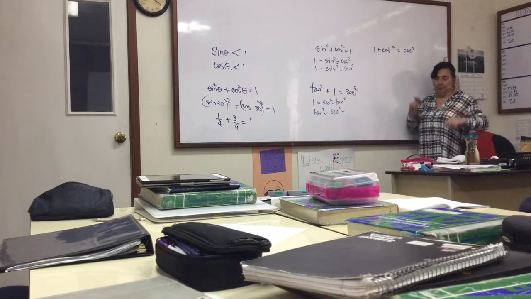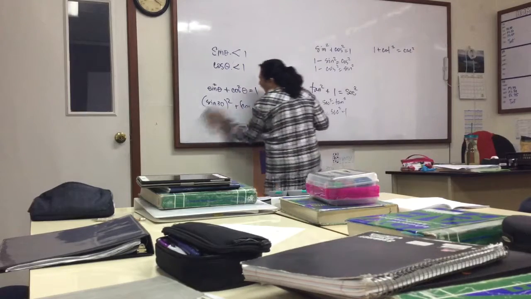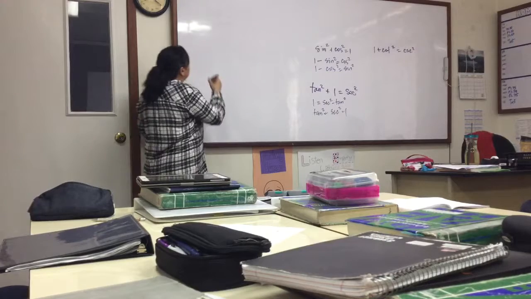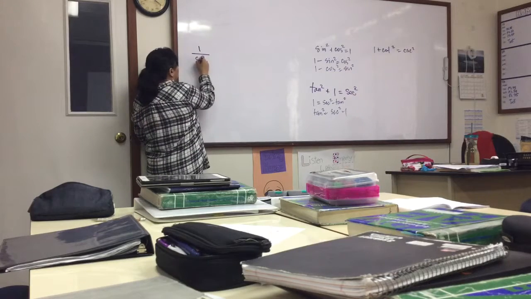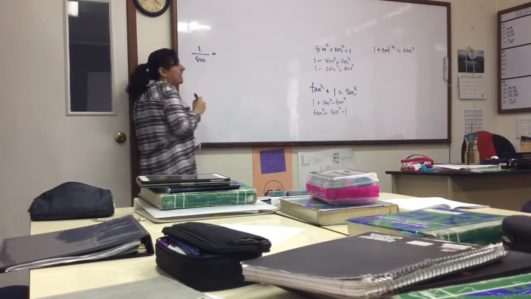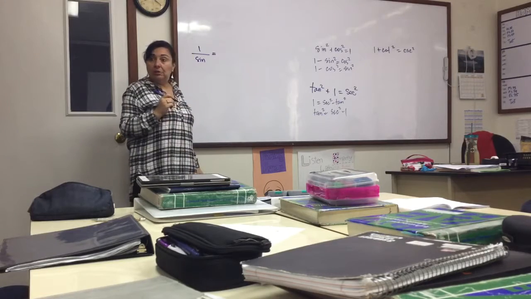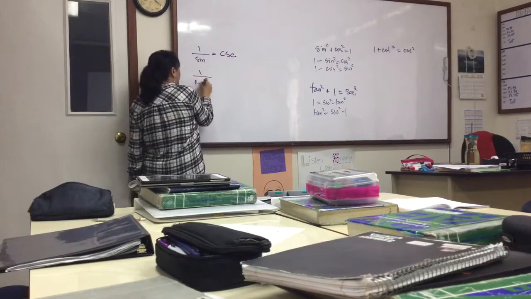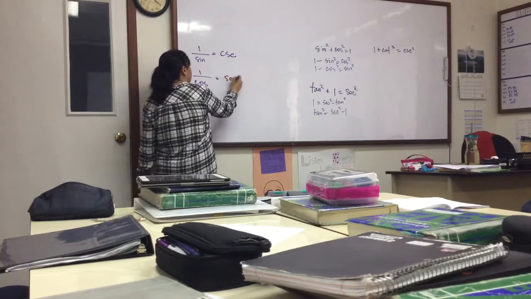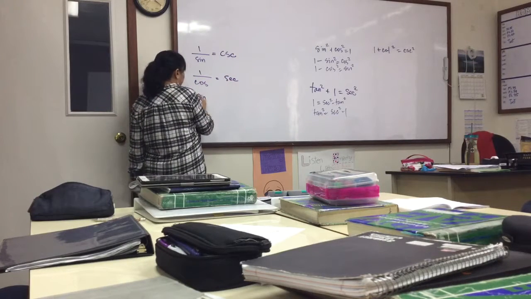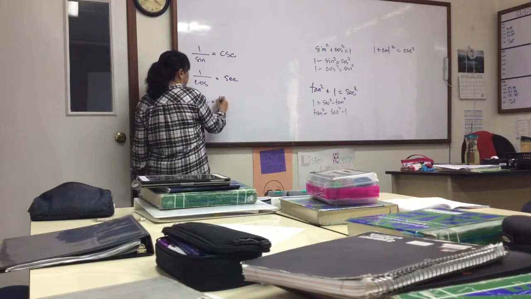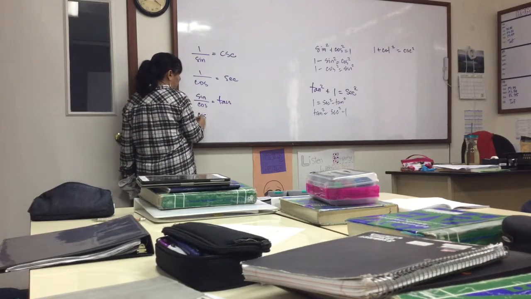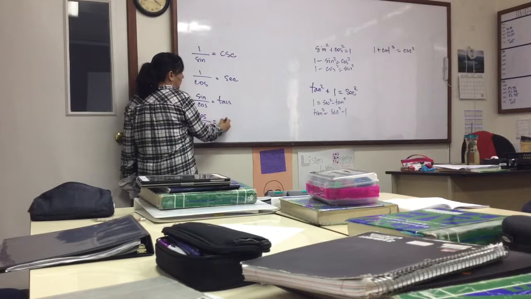Is that clear? Okay. Let's go back to the originals and the basics, which we already knew: 1 over sine equals cosecant, very good. 1 over cosine, secant, and sine over cosine, tangent, and cosine over sine, cotangent.